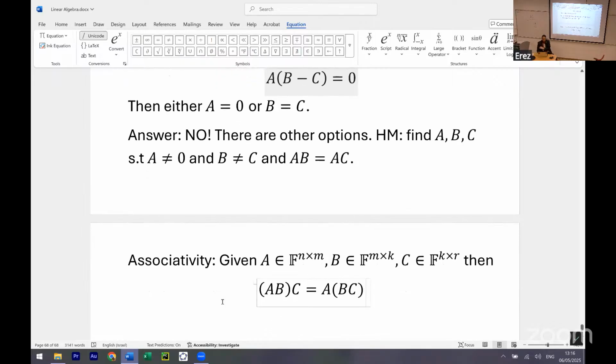That's the associativity rule, and that actually holds.